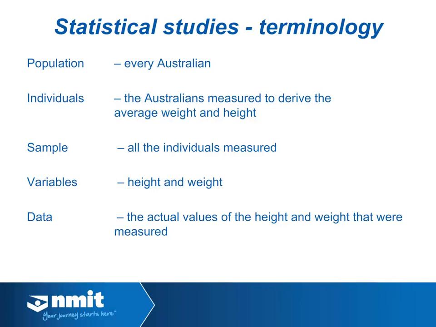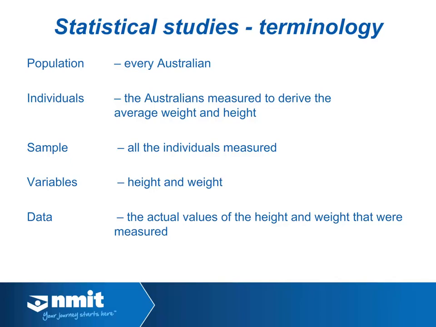Individuals are the Australians that were measured to derive the average weight and height. A sample is the actual individuals that were measured. So they're the subset of individuals from the entire population.